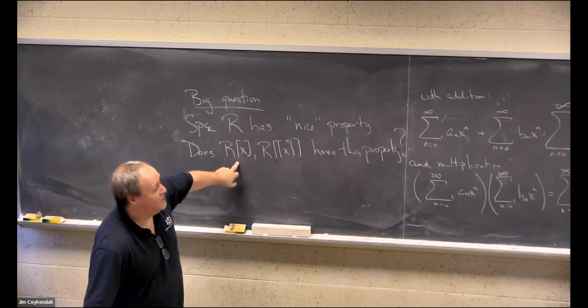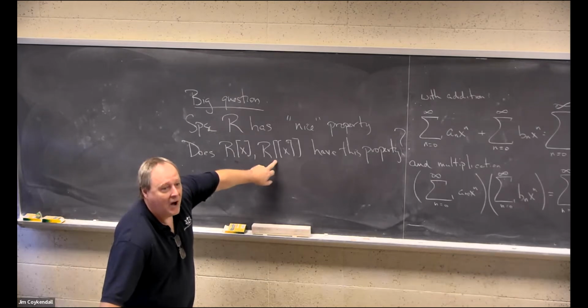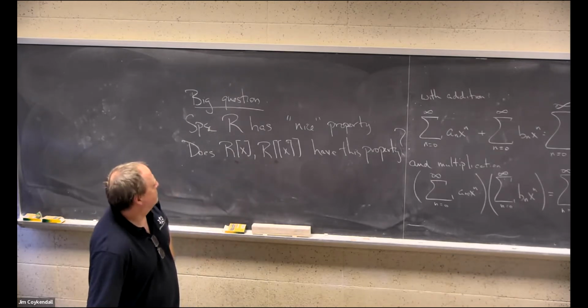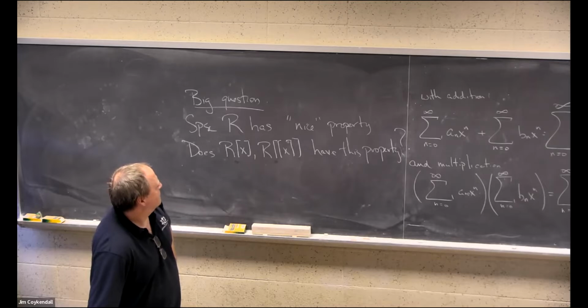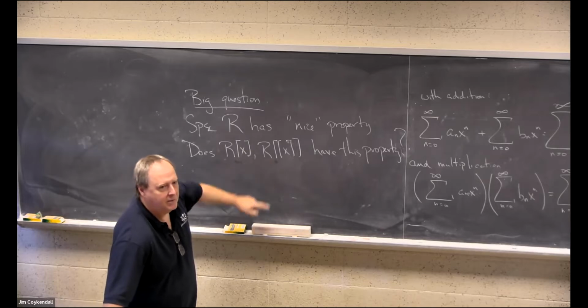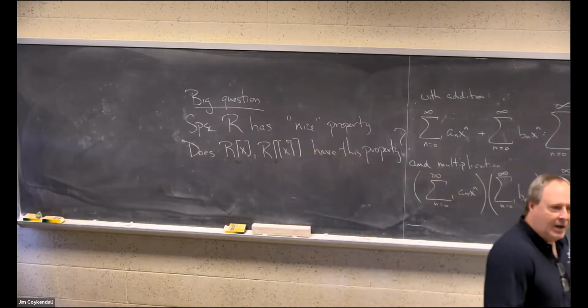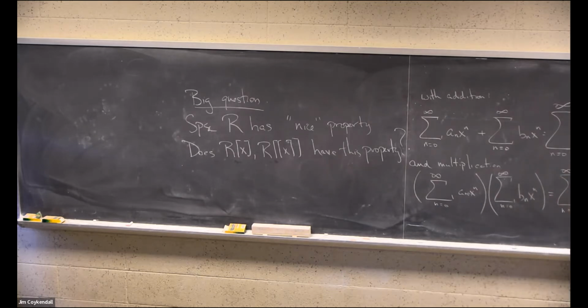The polynomial ring is never local. With power series, R local: always. Integrally closed? Sometimes. I think it also has to be completely integrally closed. So strange things happen.